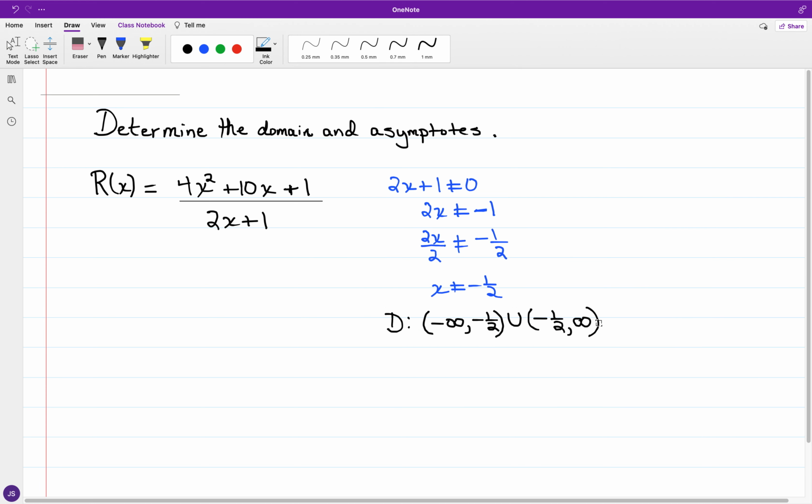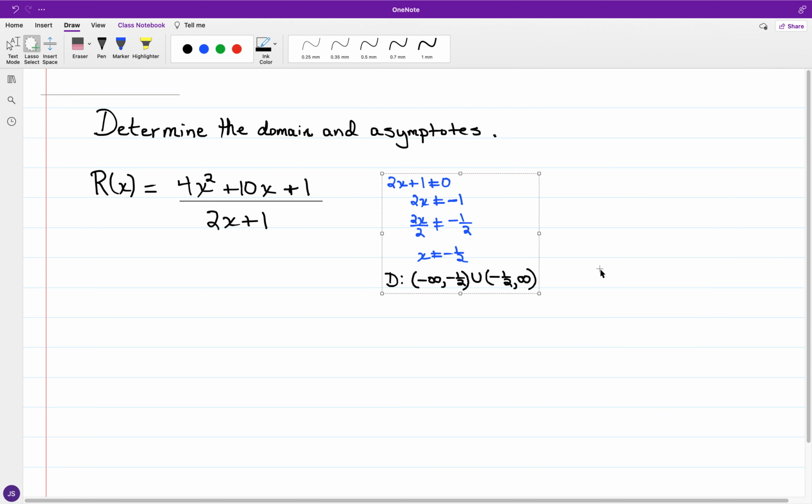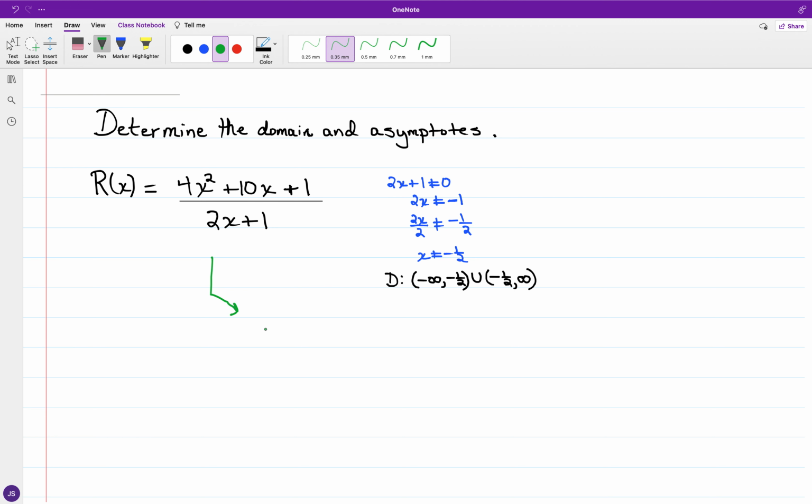Now with this rational function, the numerator cannot be factored, and 2x plus 1 is not going to be a factor of the numerator in r of x. And so r of x is already simplified, or already in simplest terms.